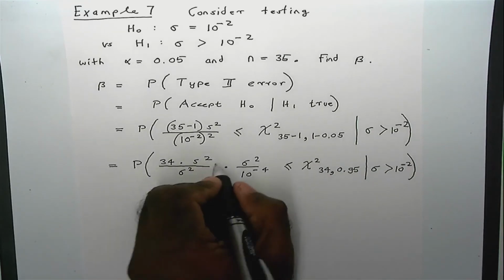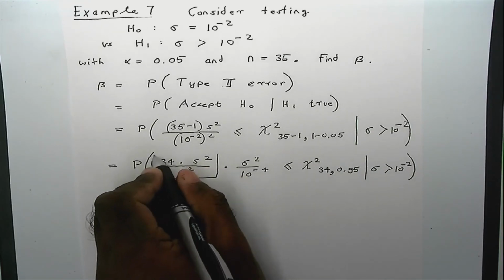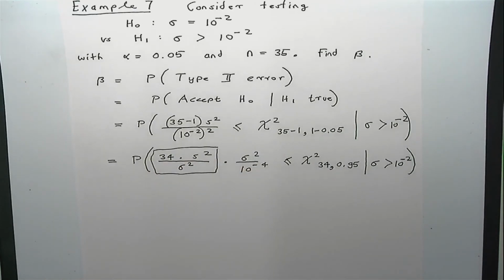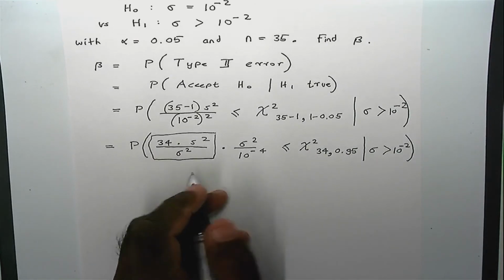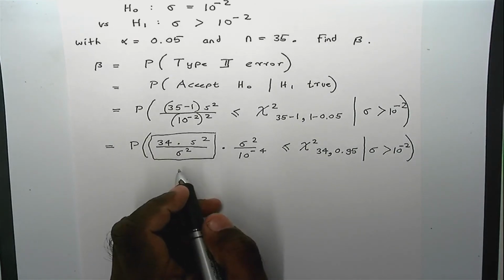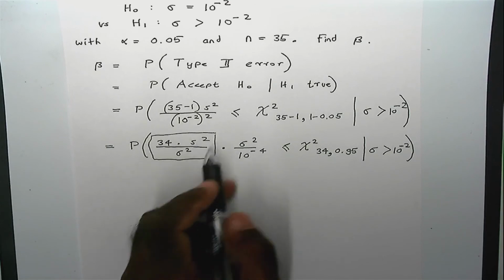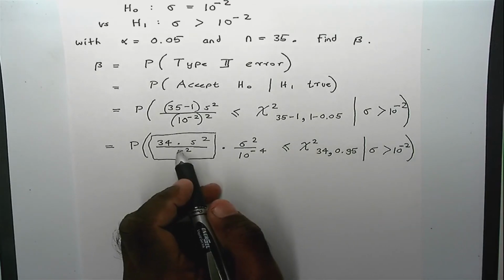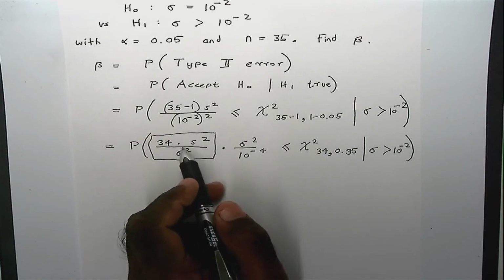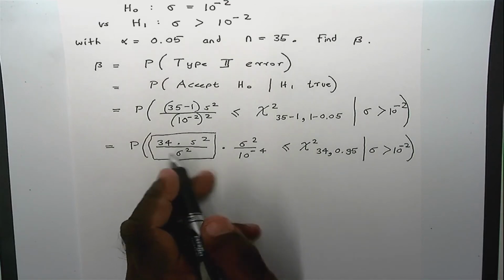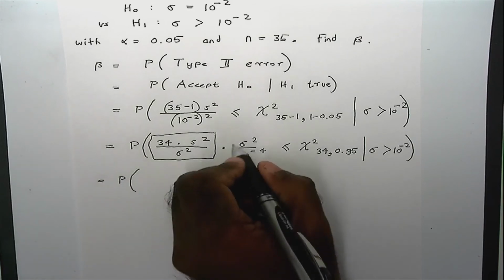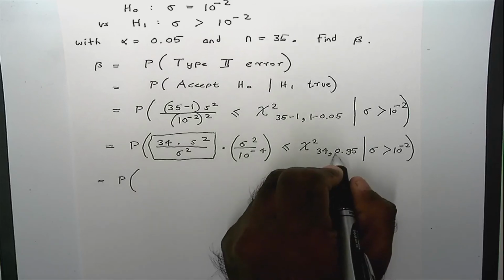You should look at one of the properties of a chi-square distribution that I talked about in the video on chi-square distribution: given that the true population standard deviation is sigma, this must have a chi-square distribution with n minus 1 degrees of freedom. But before I get to that, let me take this to the right hand side.